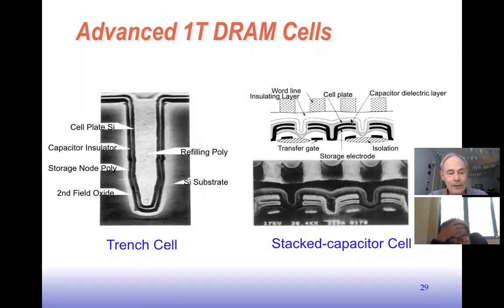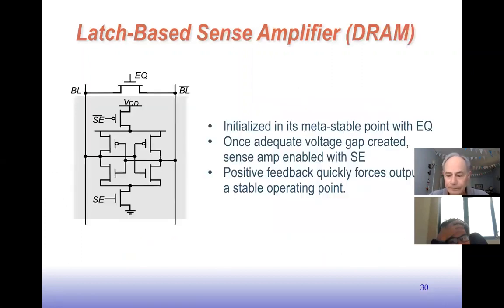So it's a fairly complicated process, but it's worked out so that now you can get a fair amount of capacitance for each bit cell. So that's the processing. Now the only other thing about DRAM I wanted to mention was the way the sense amplifiers work.